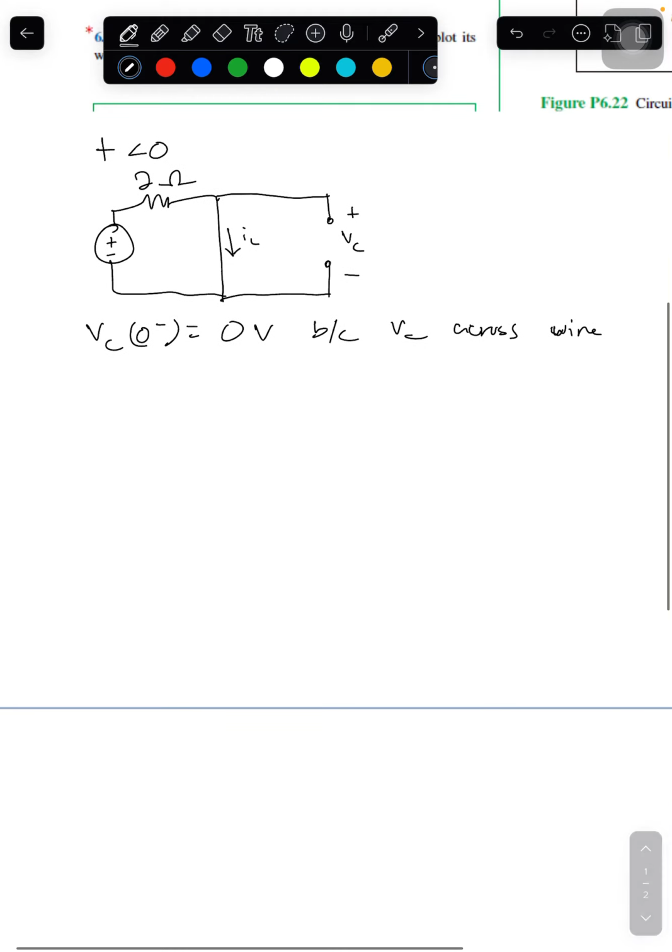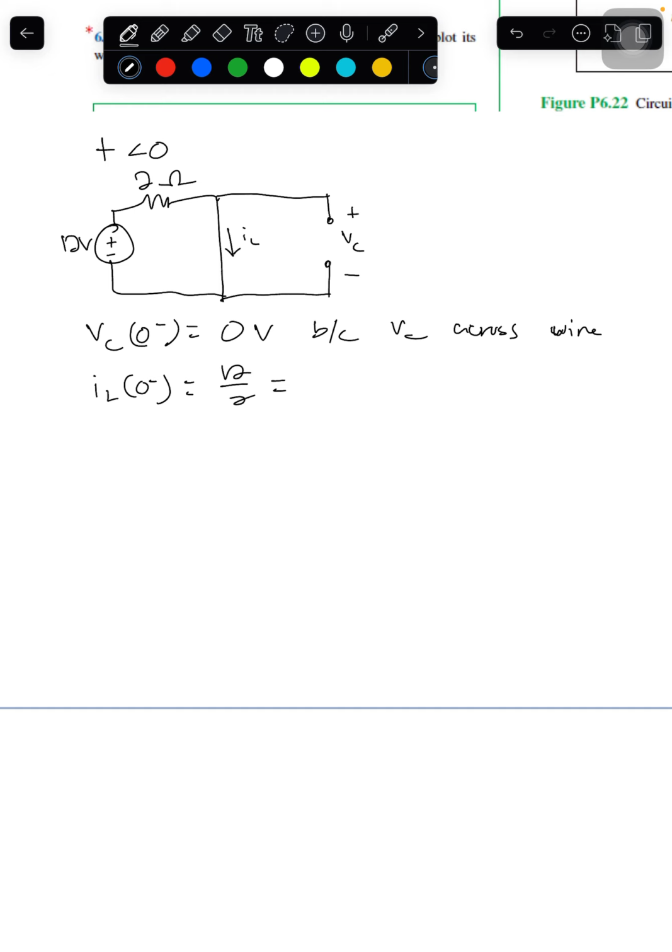Now IL, on the other hand, is going to be very simple Ohm's law, which is volts over ohms. So 12 over 2 equals 6 amps.